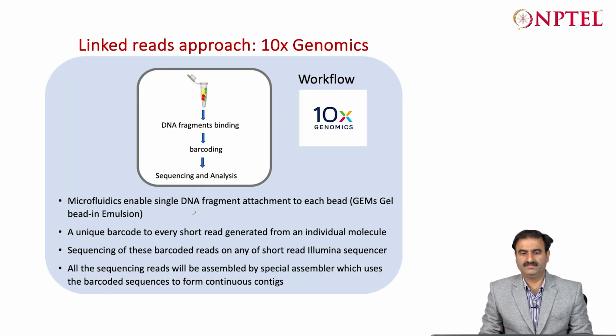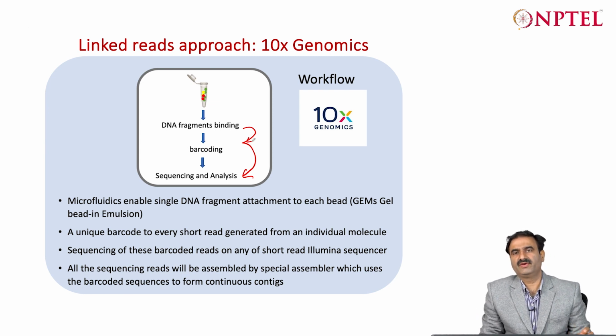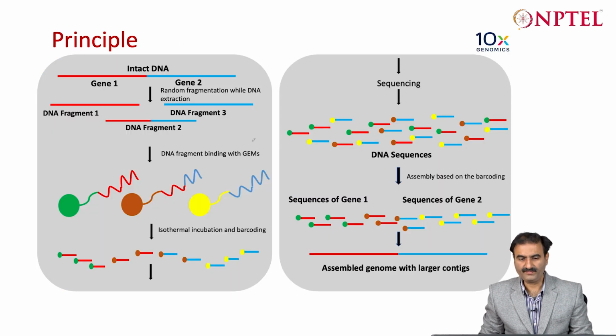Okay, so basically the DNA fragments are barcoded and sequenced. This is the basic strategy, right, and a unique barcode is given for each fragmented molecule, which later helps in resolving or separating the different fragments.